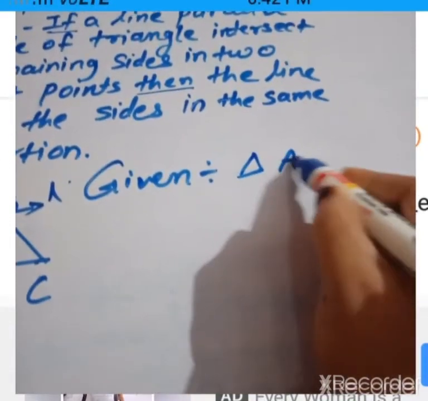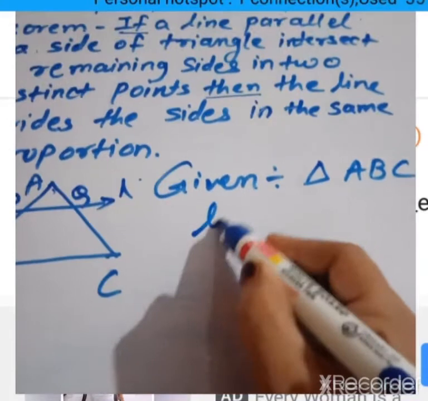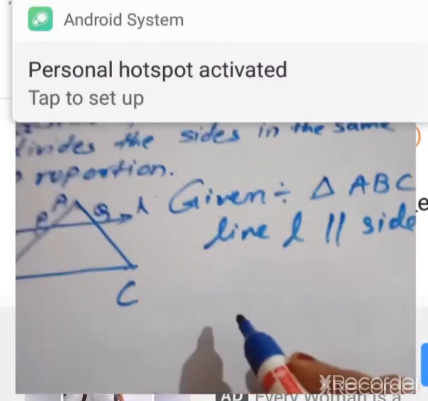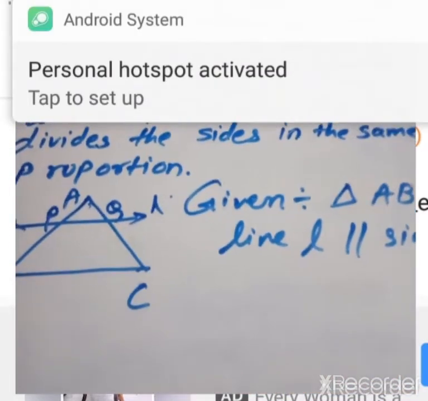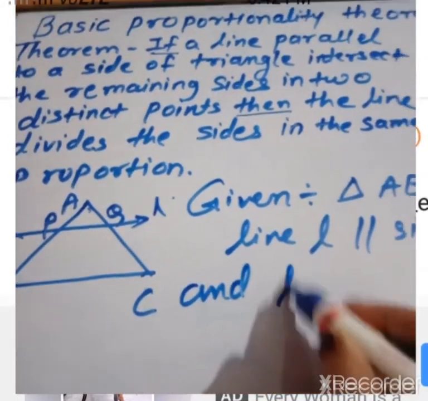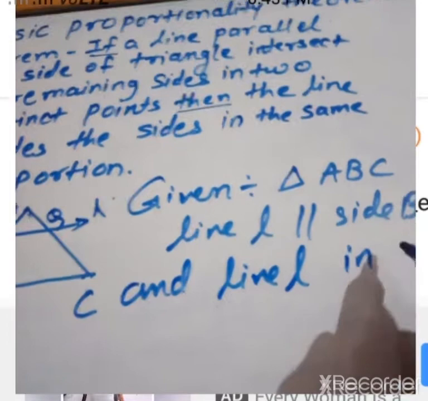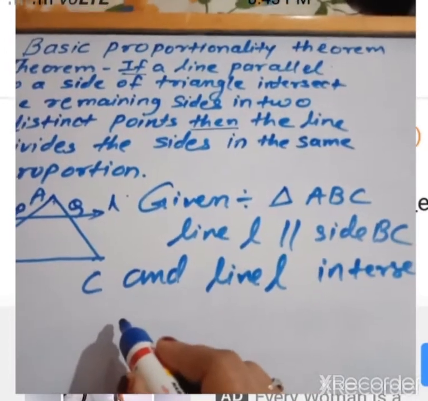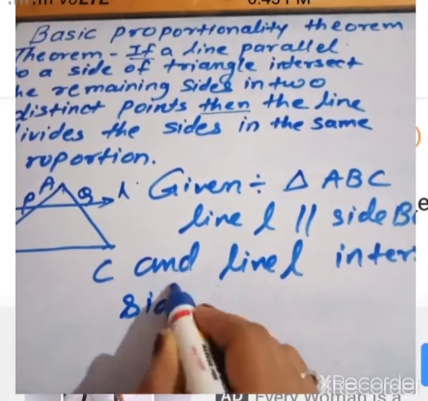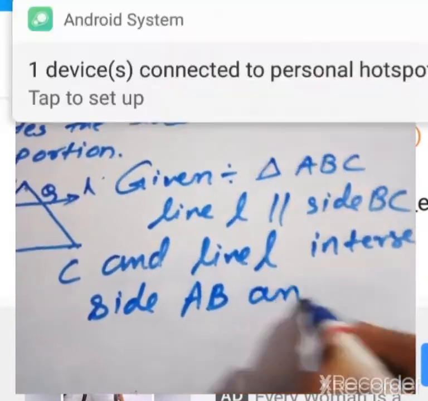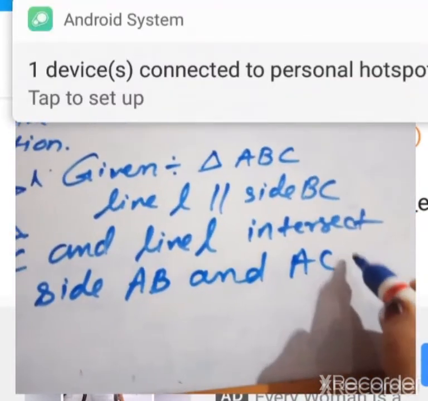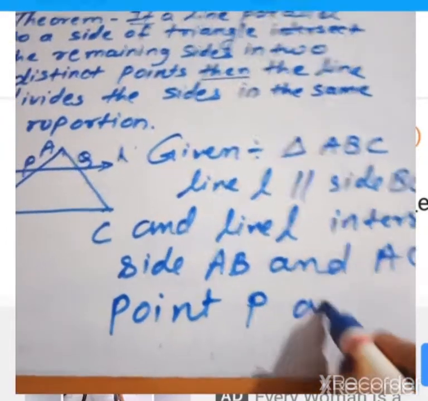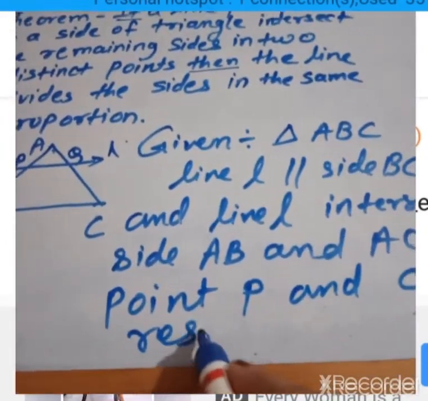In triangle ABC, line L is parallel to side BC, and line L intersects sides AB and AC at points P and Q respectively.